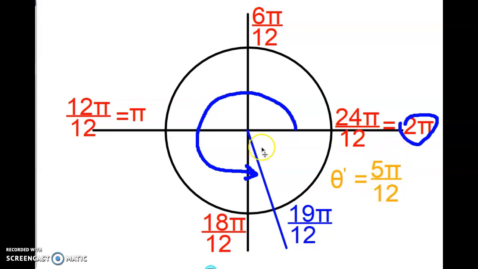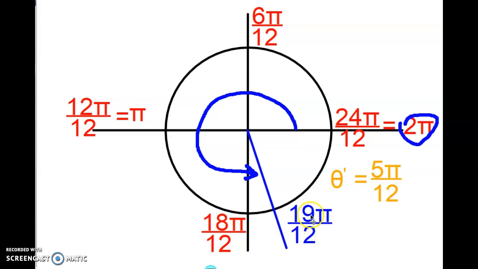So again, I'm back. So I don't care what this denominator is, the numerator is going to be the same. Then you take half of that and you put it there. This 6 and 12 gives you 18. That's going to be straight down. And then another 6 would complete the full circle. Therefore, we wanted 19 pi over 12. It's just going to be just over the 18.